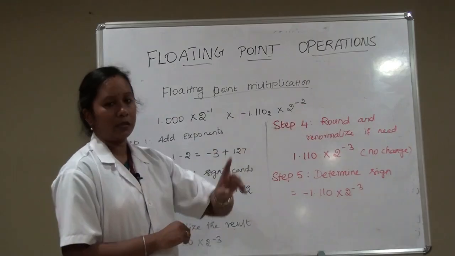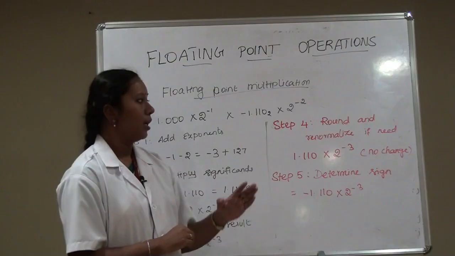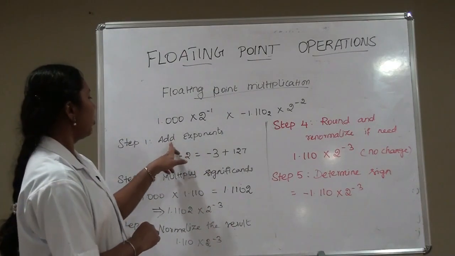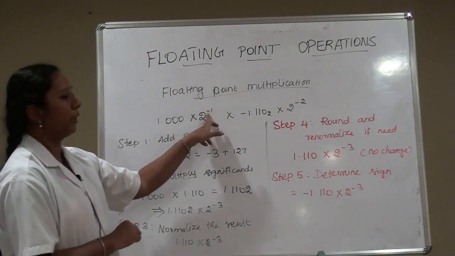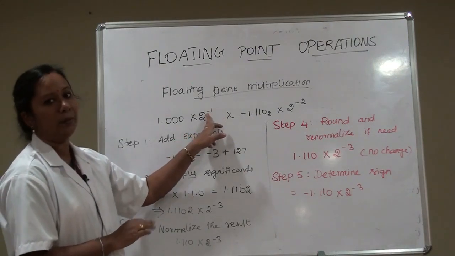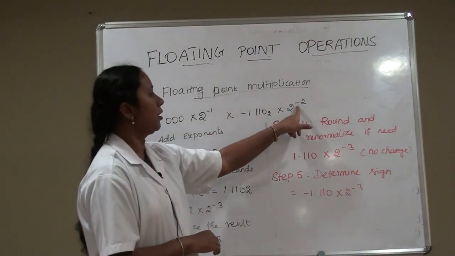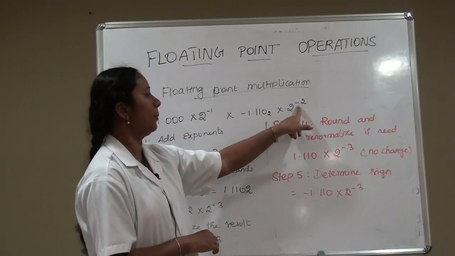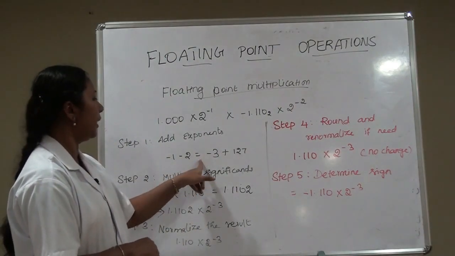As I told you, the first step is to add the exponents. I take the first exponent along with its sign, minus 1, and the second exponent also with its negative sign, minus 2. So minus 1 minus 2 gives me minus 3.